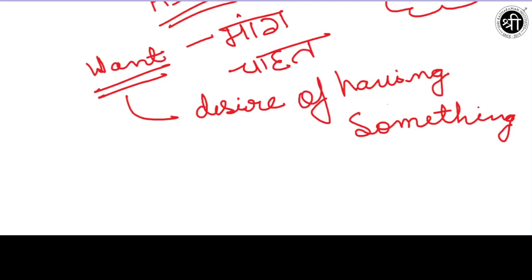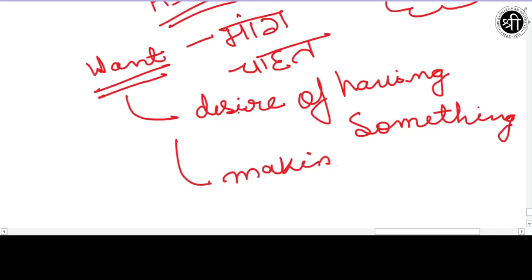So basically want can be said as the desire to have something. If you look into your book, the definition of want is: an effective desire for a particular thing which can be satisfied by making an effort to acquire it. So if we look at the economic definition, want means a desire of having something, and that desire can be fulfilled by making an effort.